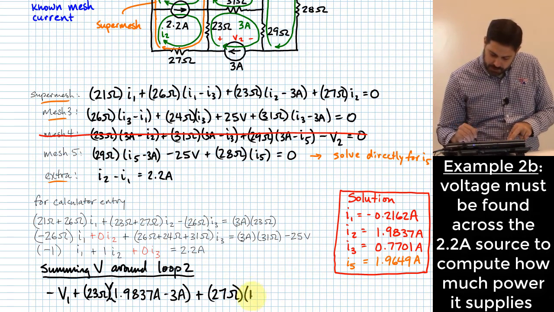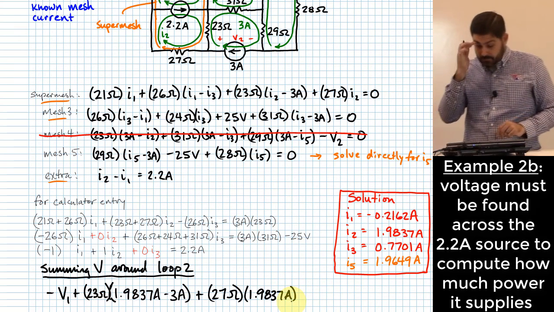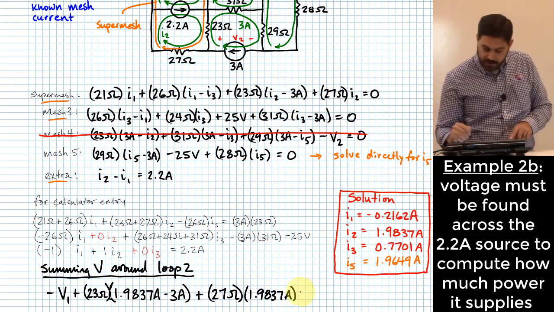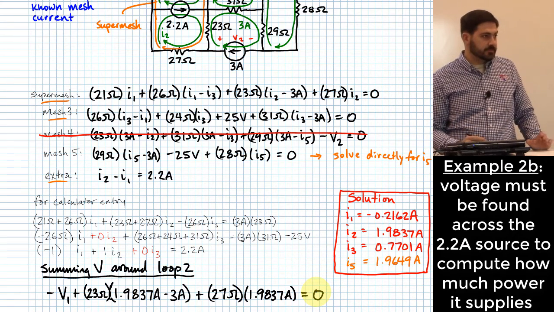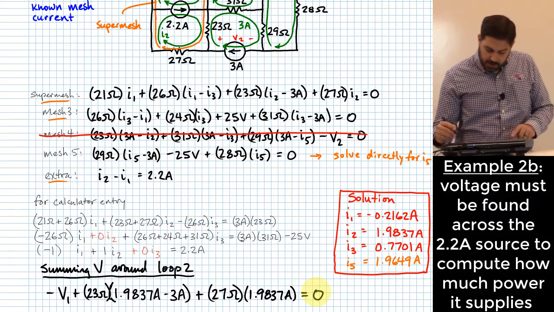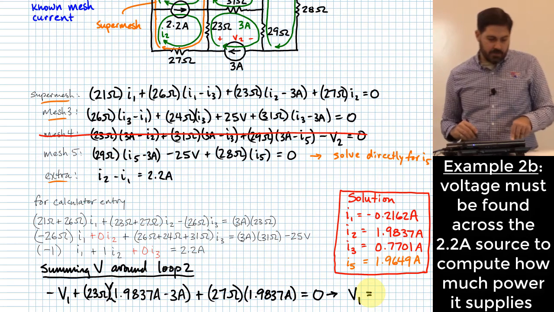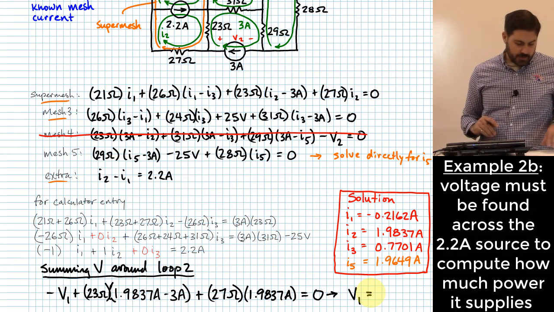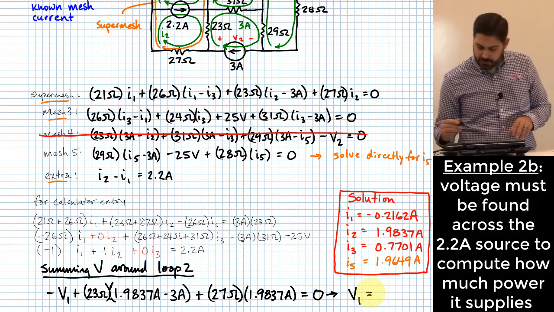I2, which is 1.9837 amps. This had better equal 0, or else KVL won't be satisfied. So then you just solve this for V1. When you do that, V1 will turn out to be 30.185 volts.